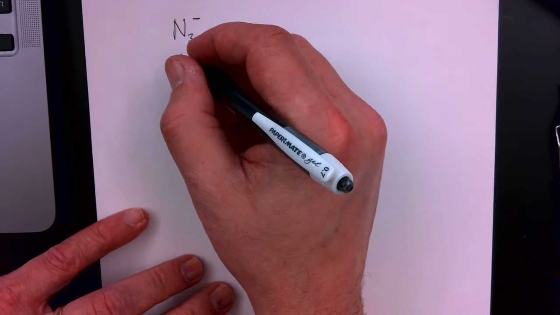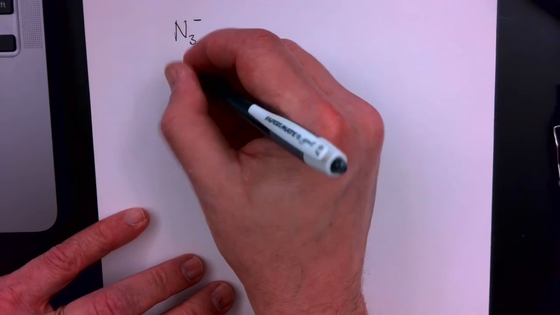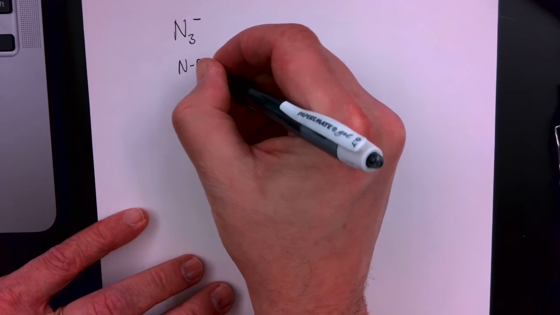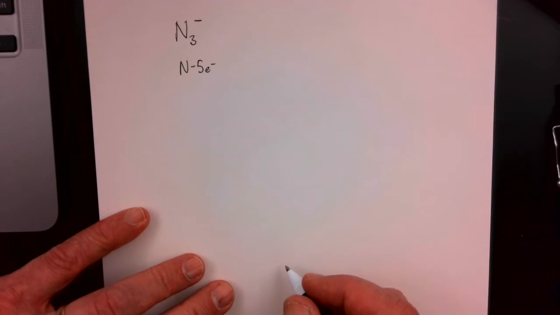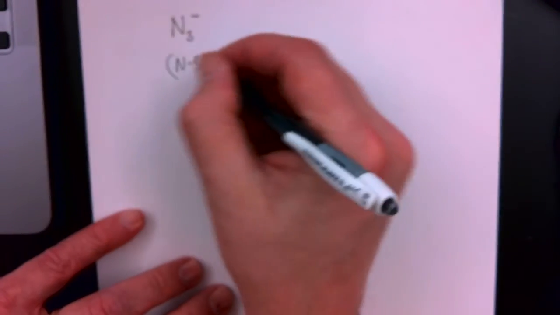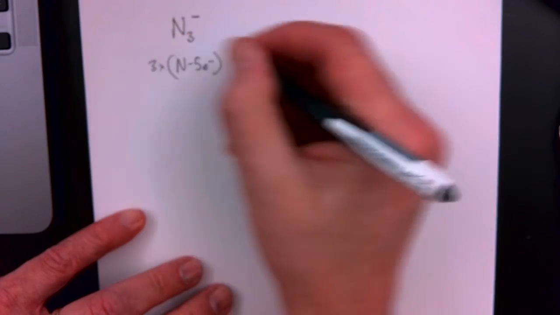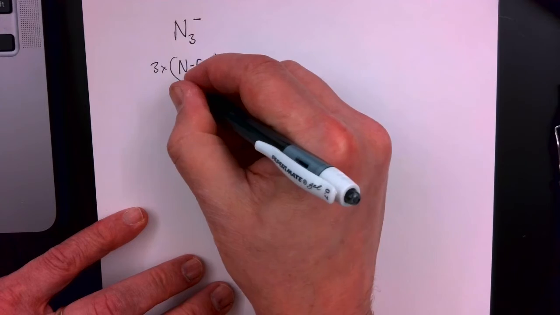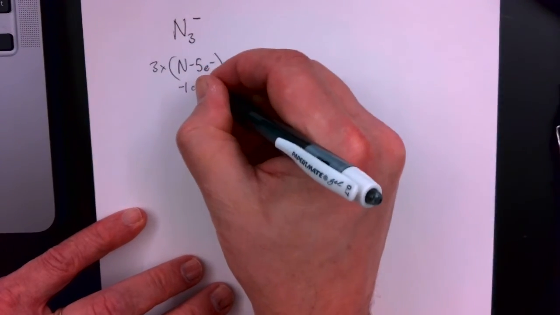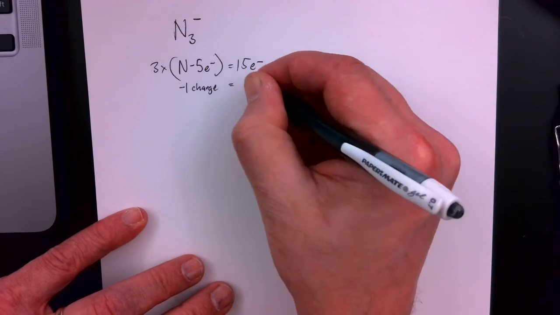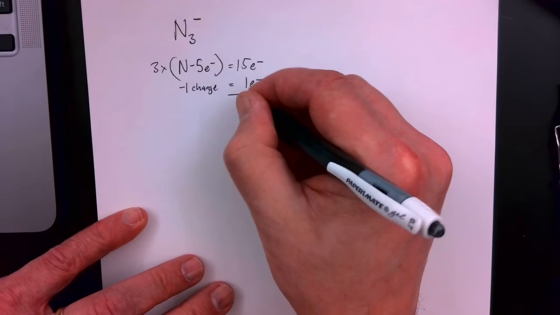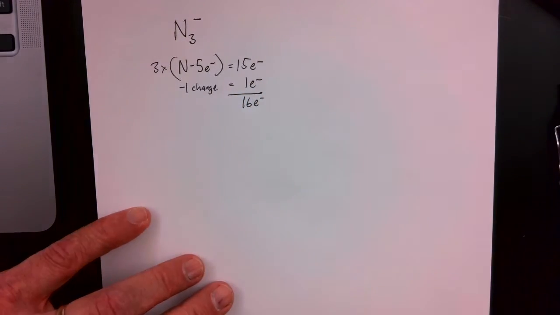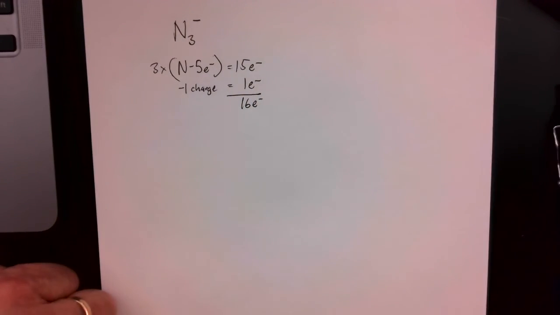We have N, which has 5 electrons, but we have 3 of them. And so that's 15 electrons. We have a -1 charge, and so that's 1 extra electron for a total of 16 electrons. Okay, 16 electrons.